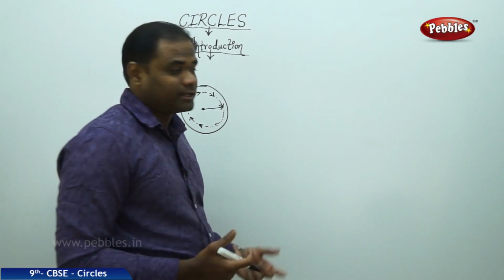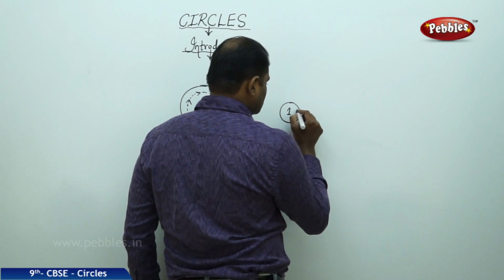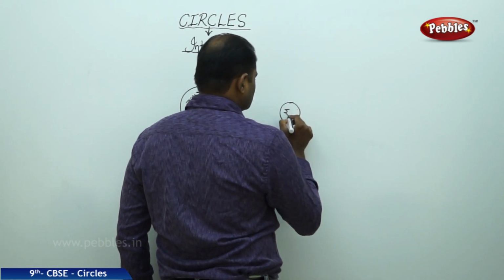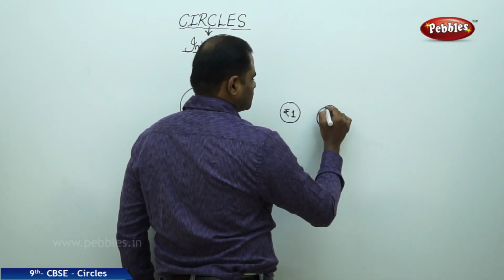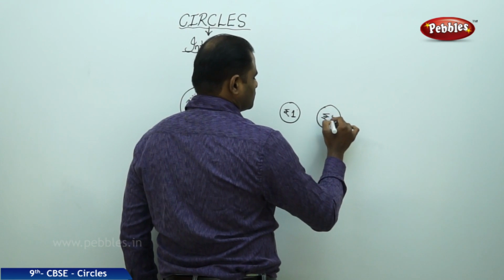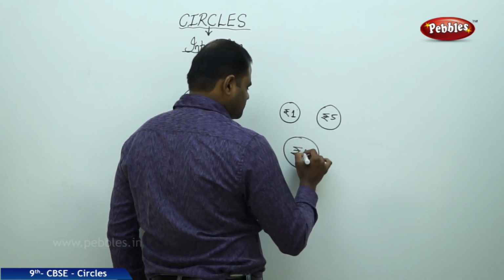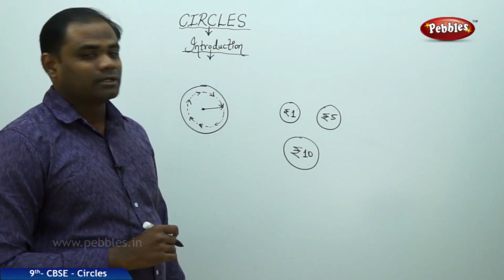The currency coins, a 1 rupee coin, a 5 rupee coin, a 10 rupee coin, etc. are all circular in shape.